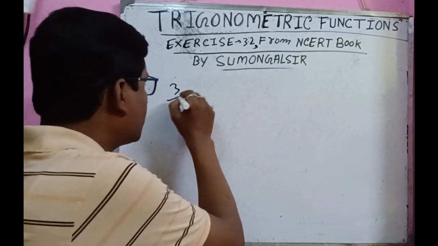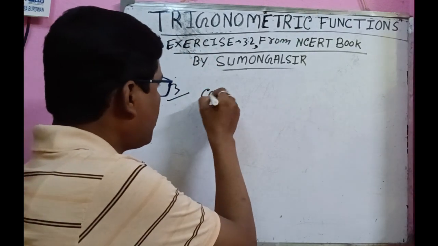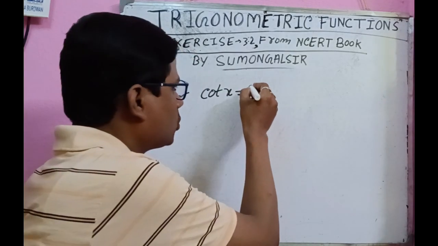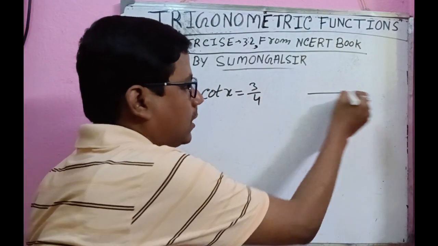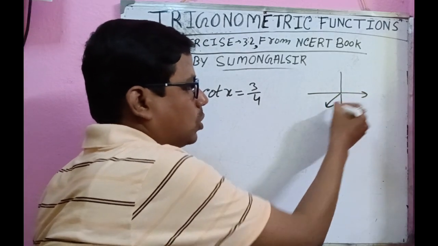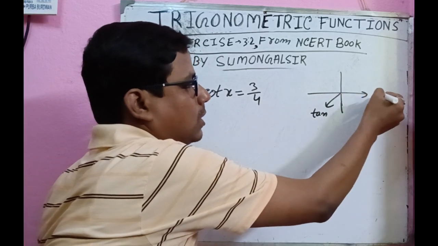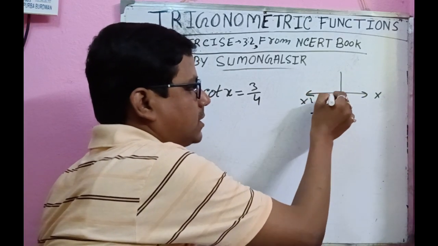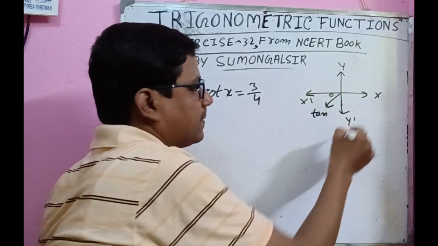The third question is: cot x is equal to 3 by 4, and this is also in the third quadrant. So this is the tan as well as cot quadrant, with X'OX and YOY'.